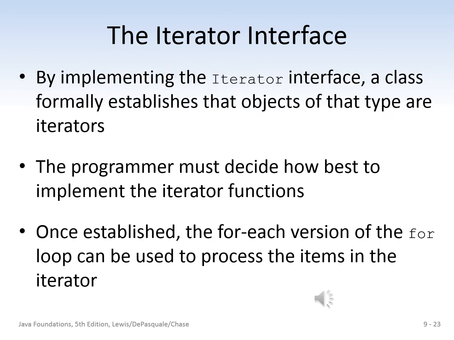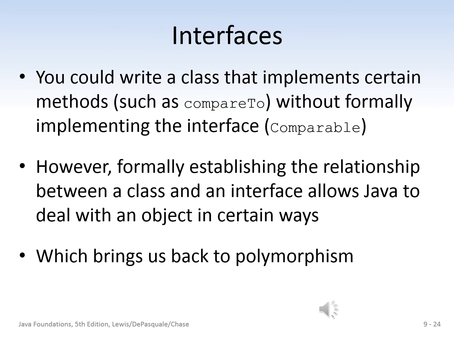By implementing the Iterator interface, a class formally establishes that objects of that type are iterators. Therefore, the programmer must decide how to implement the iterator functions. For example, you might use the for-each version of the for loop to process the items in the iterator. You could write a class that implements certain methods without formally implementing the interface.